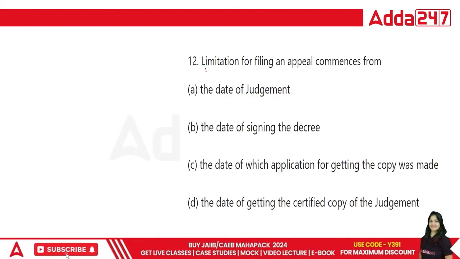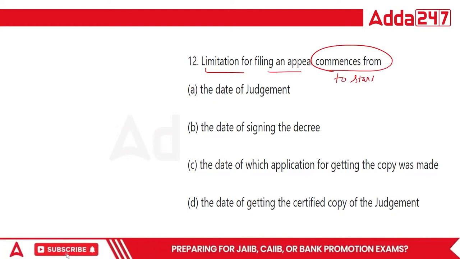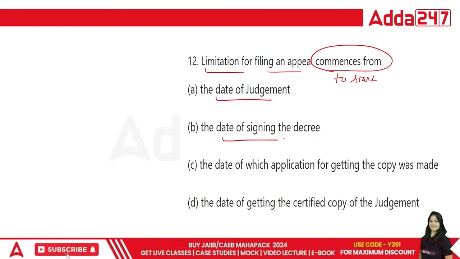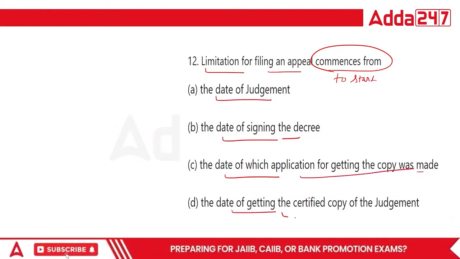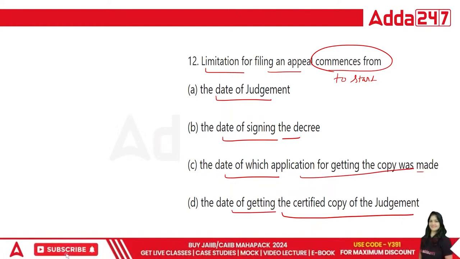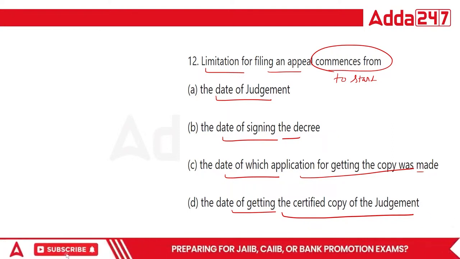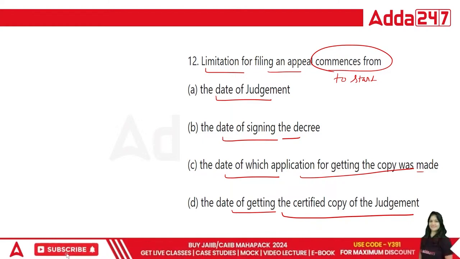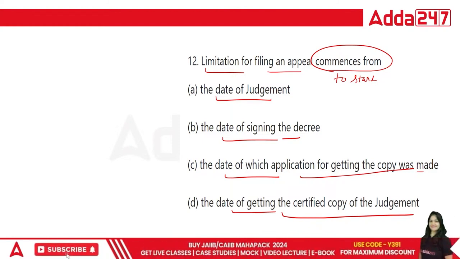Now, limitation for filing appeal commences, that means starts from: the date of judgment, the date of signing the decree, the date on which application for getting copy was made, or the date of getting certified copy of judgment. So what is the right answer?